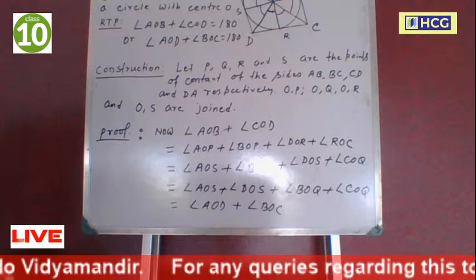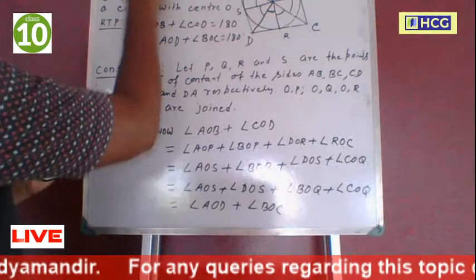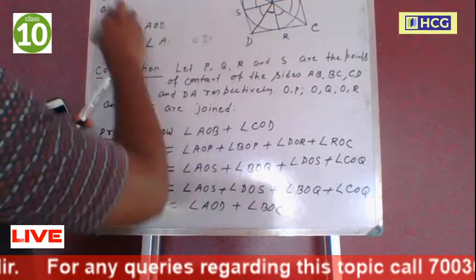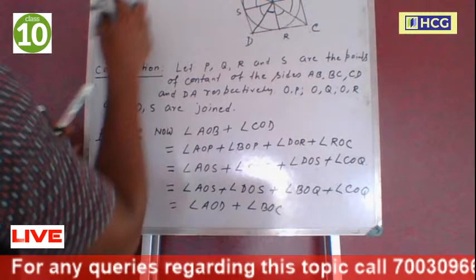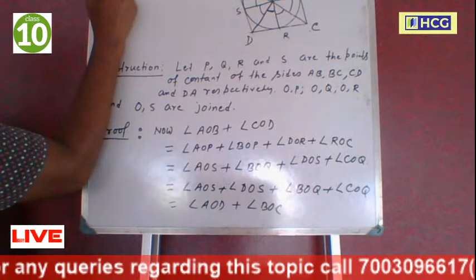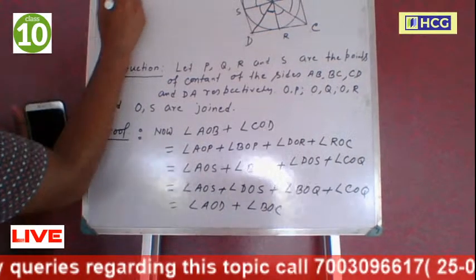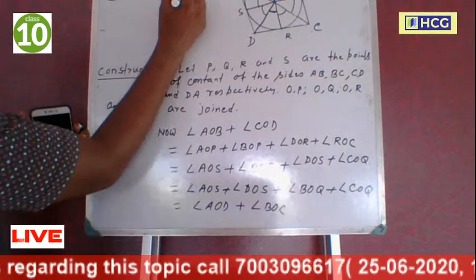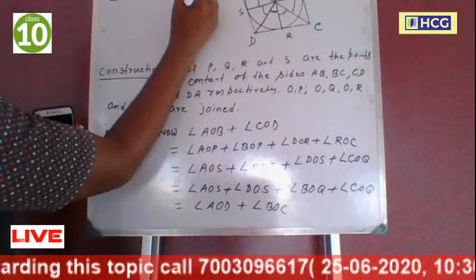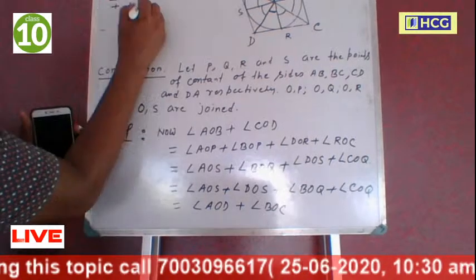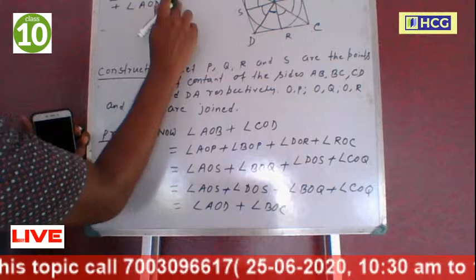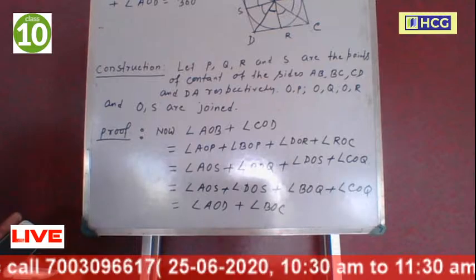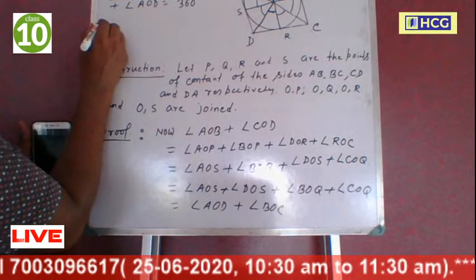We know the sum of all angles about a point is 360 degrees. So angle AOB plus angle BOC plus angle COD plus angle AOD equals 360 degrees.